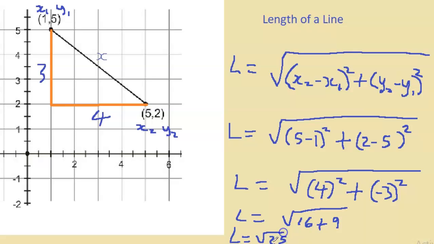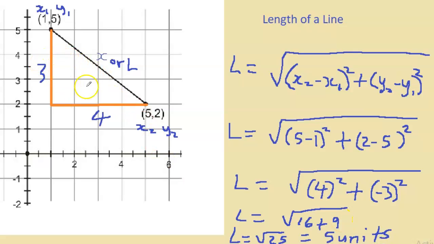You can call it L or x, it doesn't matter what you call it. So L is the square root of 25, which means it's 5 units. Good. So the length of this line is 5 units, just as when we used Pythagoras theorem.